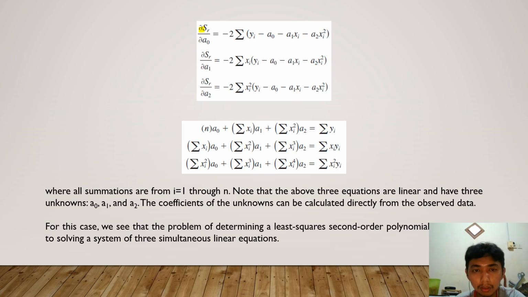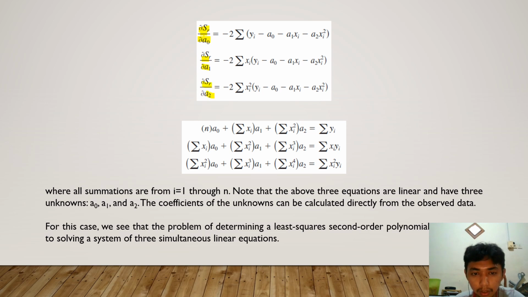The same method: we differentiate partial SR over partial a0, partial SR over partial a1, and partial SR over partial a2, and all three of these are equal to 0.